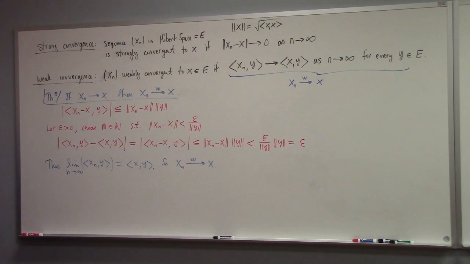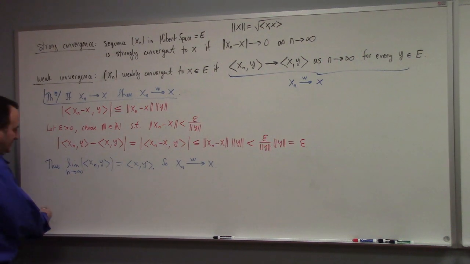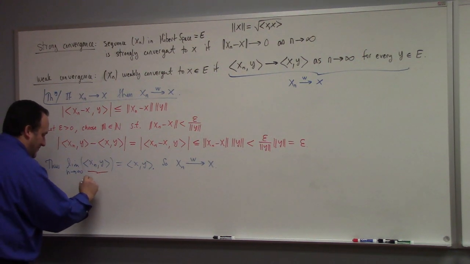Now, of course, there is a gap in my current argument. We're supposed to show that this is true for all y, right? My current argument only shows it for y not equal to 0. So how do I get this limit to also be true for y equal to 0?